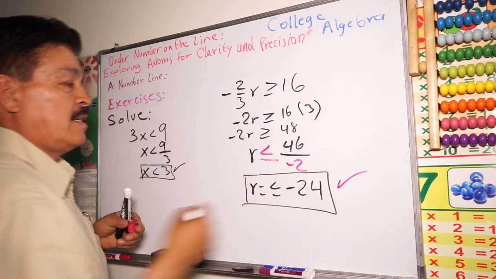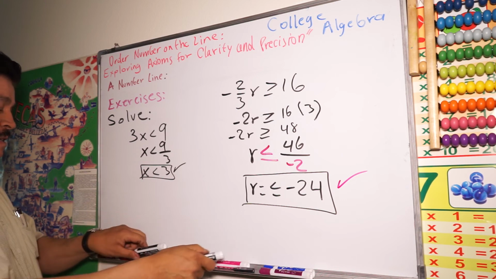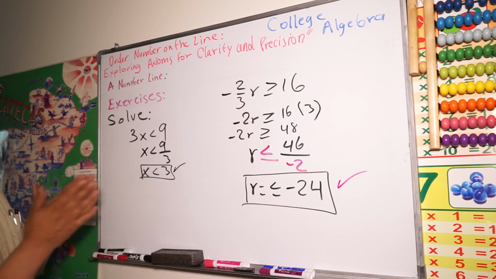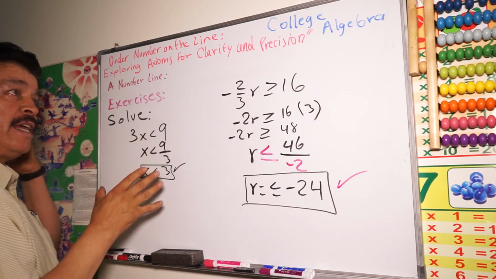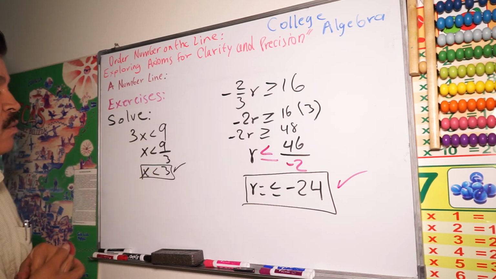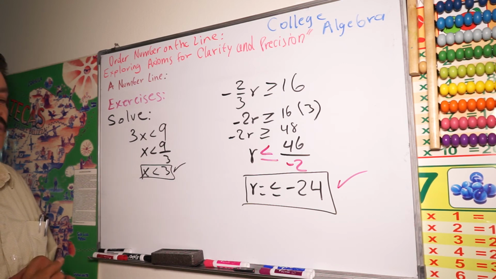All right, so that's it so far for this topic about the order of the number line. Now exploring some axioms for clarity and precision. We have some axioms too that we have to keep in mind, for example, axioms of order.